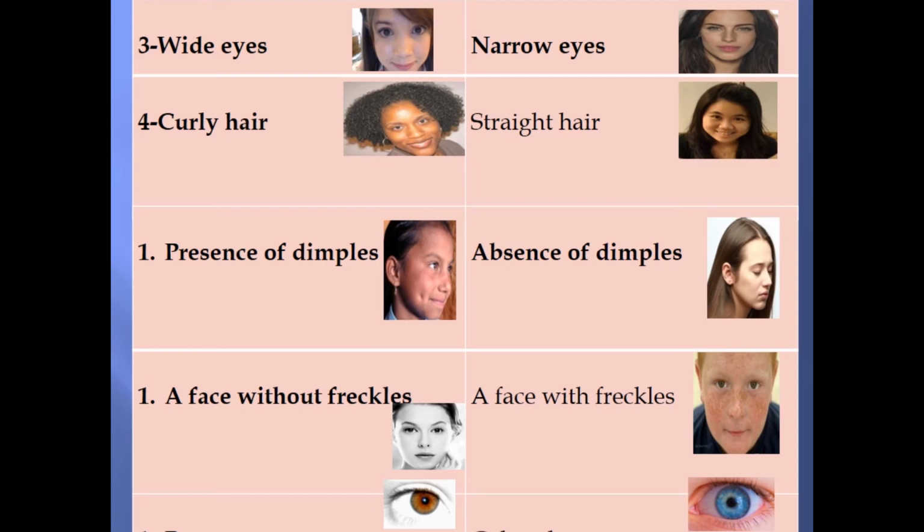Presence of dimples or absence of dimples are both traits that make persons so recognizable. The presence of dimples is one of the dominant traits, while the absence of dimples is one of the recessive traits.